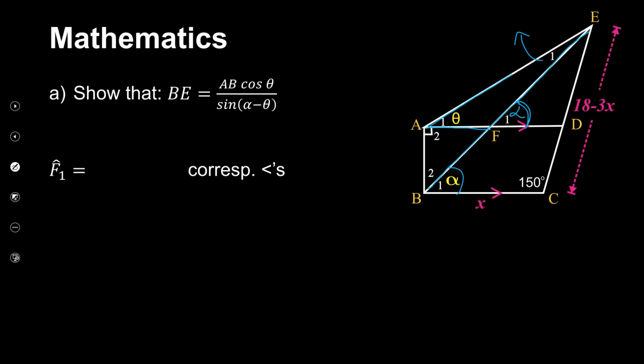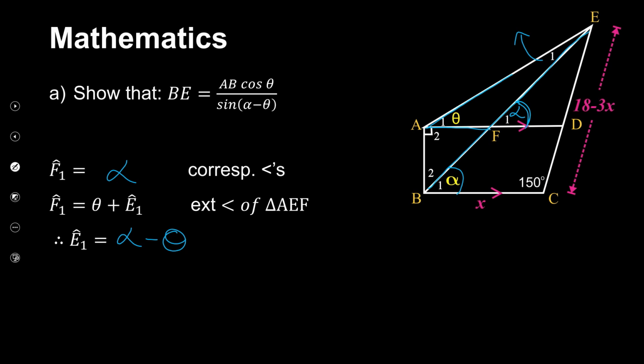Remember we said F1 is equal to alpha because it's corresponding angles, and F1 is equal to theta plus E1. Therefore E1 is equal to alpha minus theta. We're going to need that information when we continue with the example.